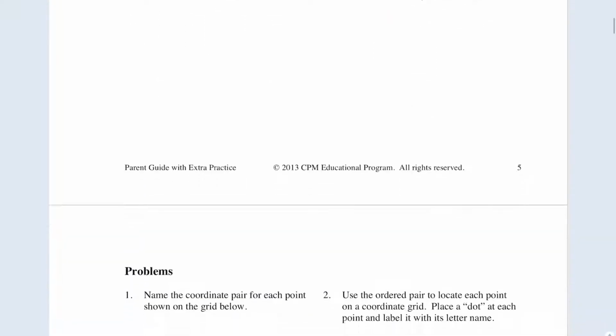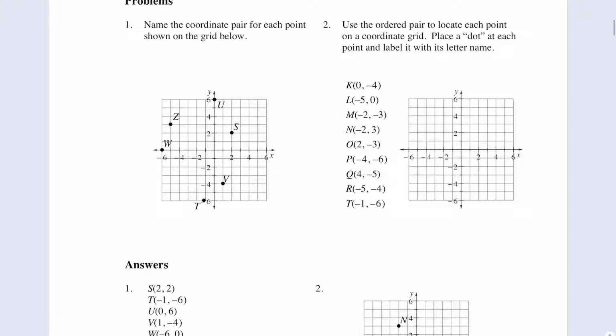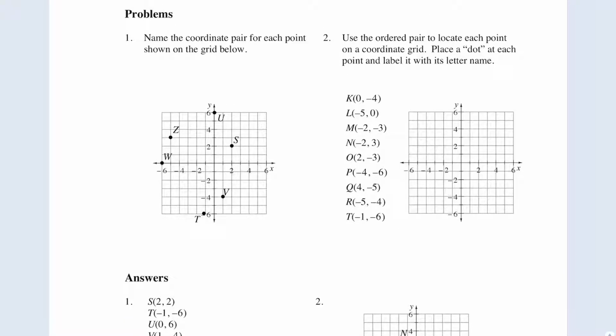So I'm going to go straight to my examples, right? Let's see. I'm going to make a list over here on the side. So I have point S, point T, point U, point V, and then a point W and a point Z. Okay.